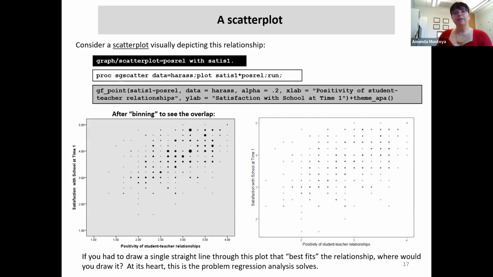And the basic idea of linear regression that we're going to work with is if you had to draw a straight line through this plot that best fits the relationship between these two variables, where does that line go? This is exactly the problem that ordinary least squares regression solves: it comes up with a rule for describing what best is, and then provides a solution.